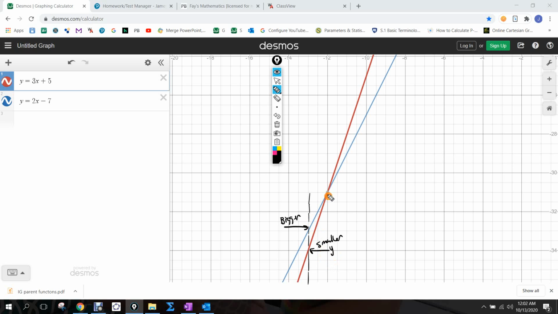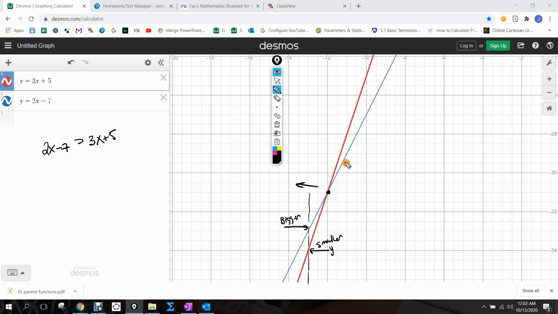And now, because I know where they're equal, I can say over here to the left of where they're equal, the blue 2x minus 7 is actually bigger than or equal to 3x plus 5. And I'm just going to say bigger than, so I already know where they're equal. So that's this stuff to the left.